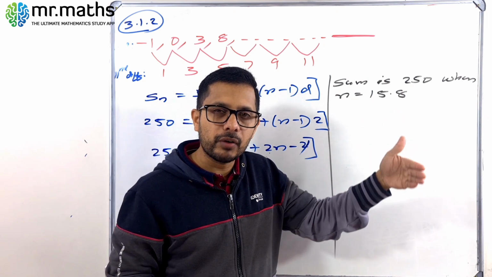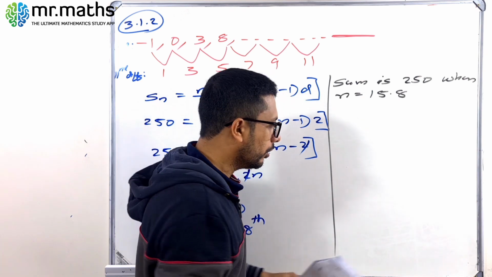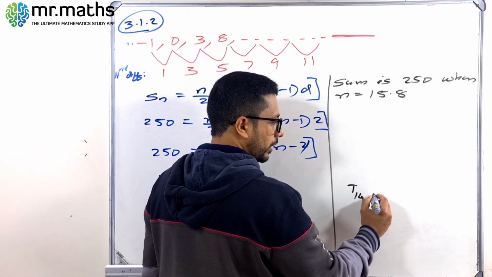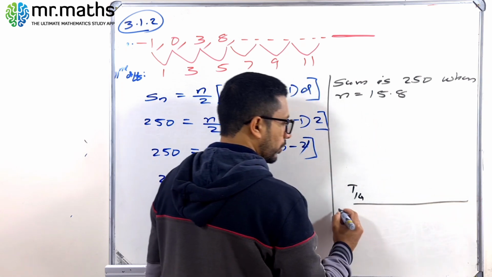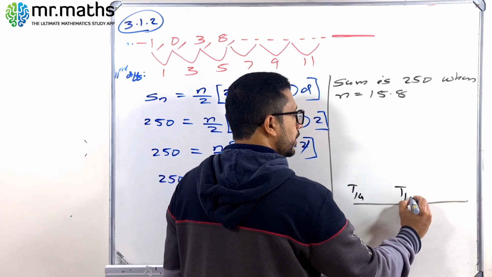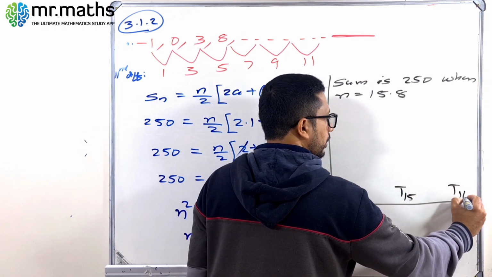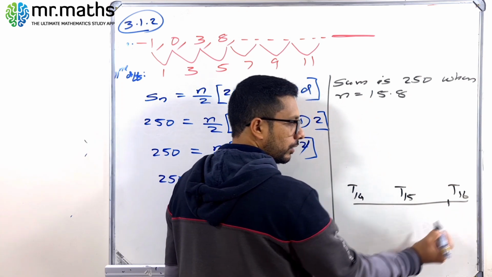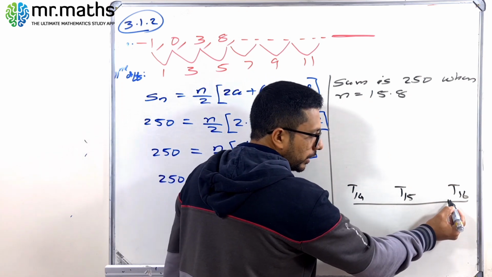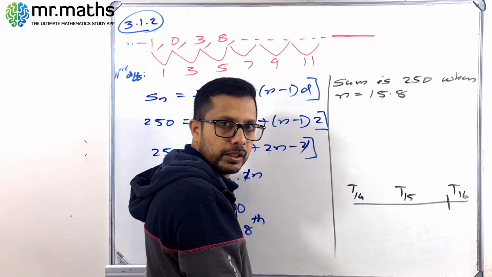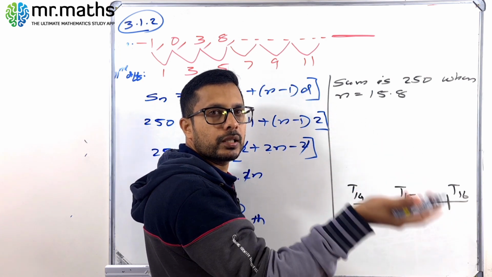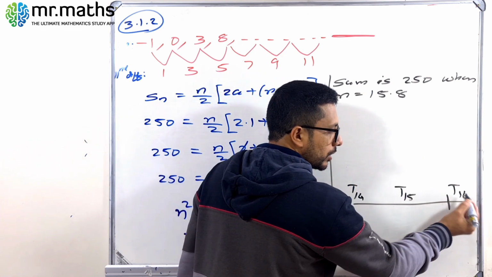So when the sum is greater than 250, definitely it is the next term. Am I right? After the 15.8th term, I'm just giving an example: this is T14, this is T15, T16. The 15.8th term means somewhere here, there the sum is 250. So sum greater than 250 means which term is that?